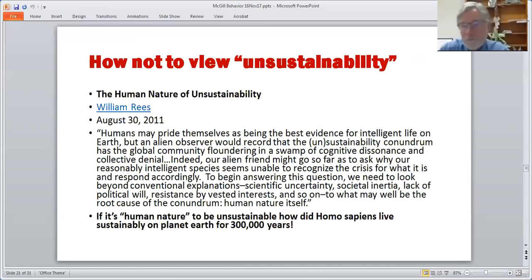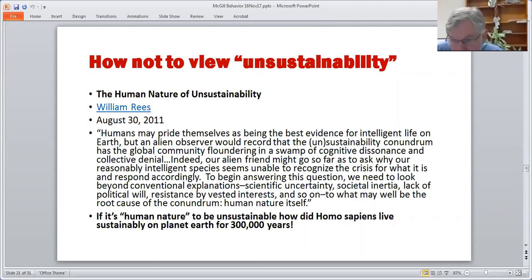And I know these people, I know Bill, he's a good guy. But this is something that he wrote. Humans may pride themselves as being the best evidence for intelligent life on Earth, but an alien observer would record that the unsustainability conundrum has the global community floundering in a swamp of cognitive dissonance and collective denial.